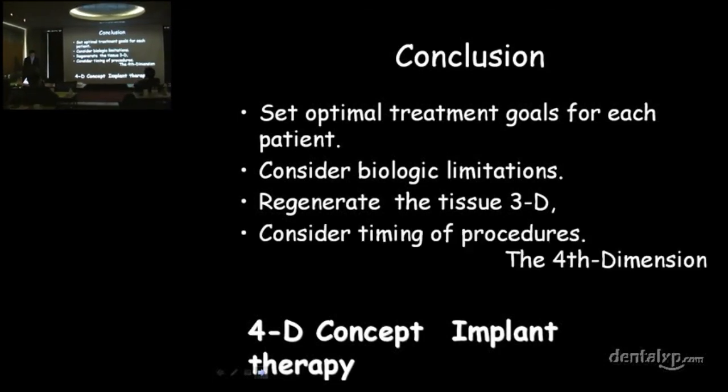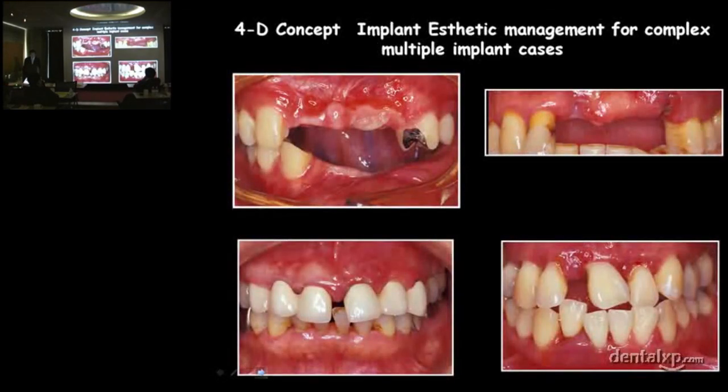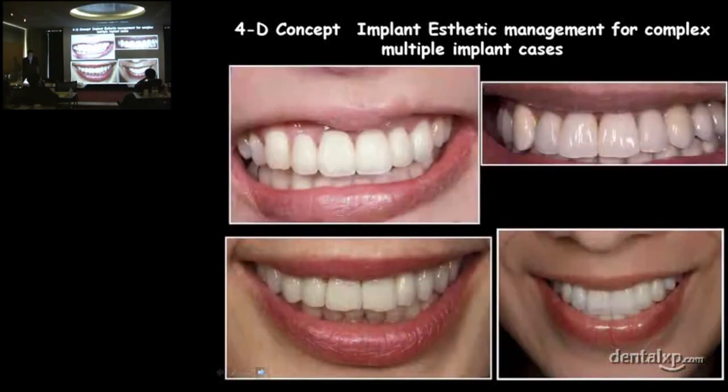Always consider the timing of procedures, which we have named the 4D concept. In complex cases, it is considered challenging to get natural-looking aesthetics. When we achieve this, we could significantly change the quality of our patients' lives.